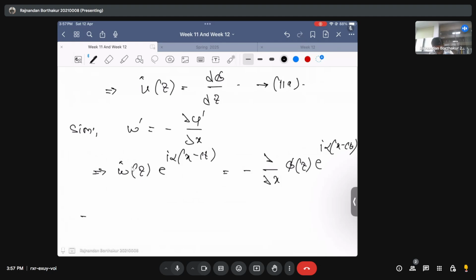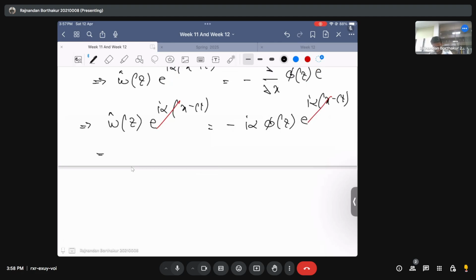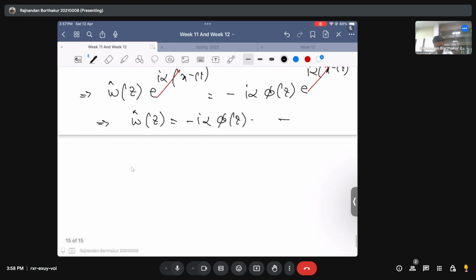So when you do this, you will get w hat of z e power I alpha x minus ct as minus I alpha times phi of z into e power I alpha x minus ct. That's just the differentiation that we are doing, and then this term will cancel, which means that you will now get a nice relation: w hat of z is equal to minus I alpha times phi of z. And this is your equation 11b.